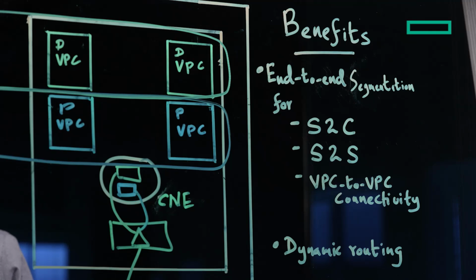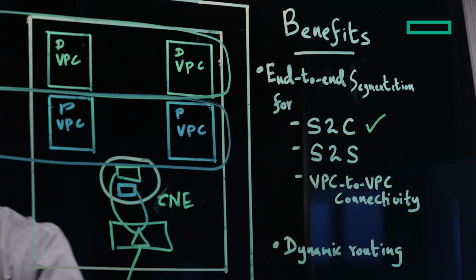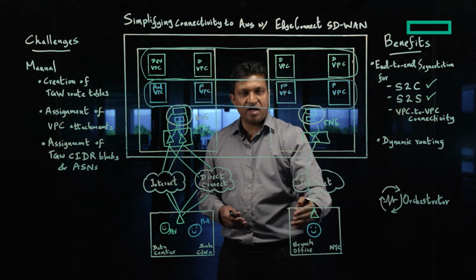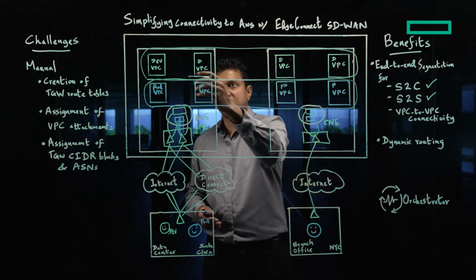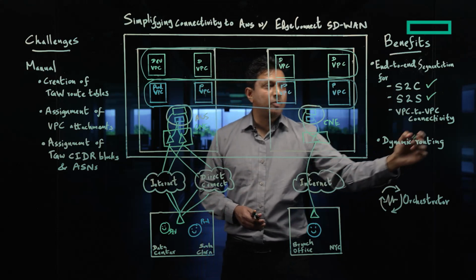It doesn't matter whether you are trying to connect from site to cloud, or site to site via the AWS network, or you are trying to communicate from VPC to VPC over the AWS backbone.